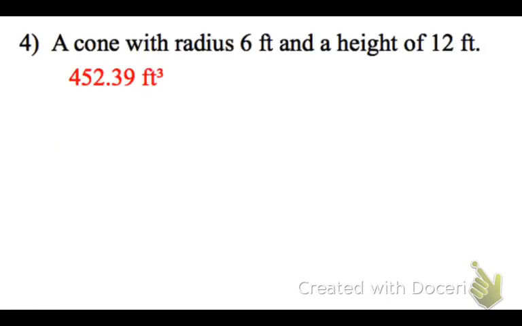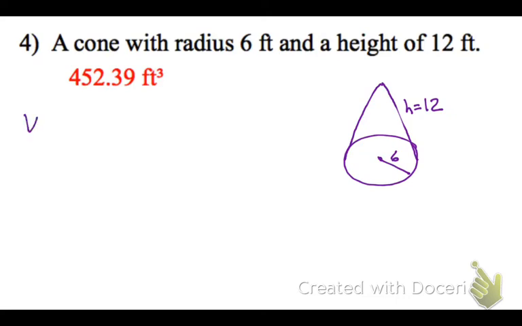And here we're going to draw a cone. A cone starts with a circle, and then you have your pointy part. You can draw your lines. This tells us that our radius of the base is 6 feet, and our height is equal to 12, and our formula for the volume of a cone is equal to 1/3 pi r squared h.